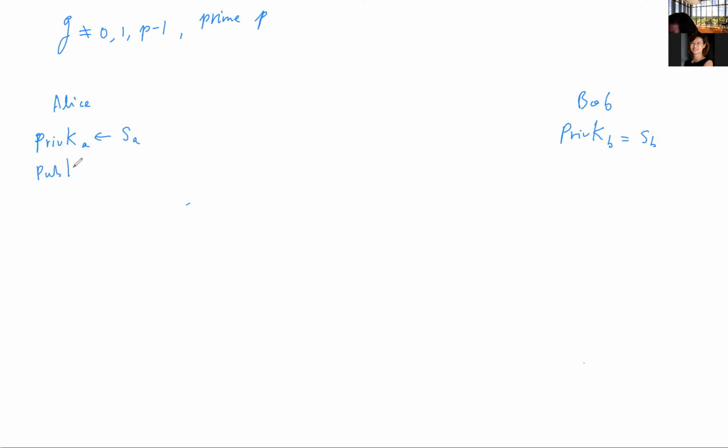And then they compute their own public key. The way it's defined is you raise G to the power of SA, and in Bob's case, G to the power of SB.